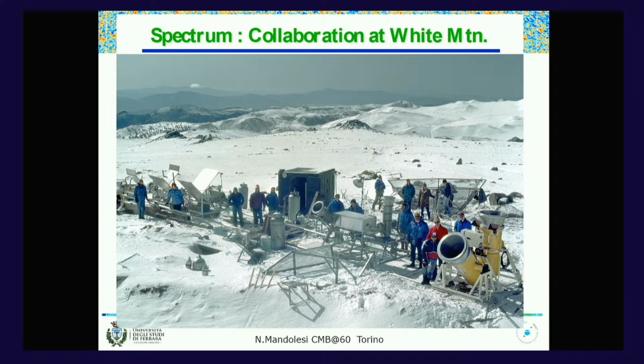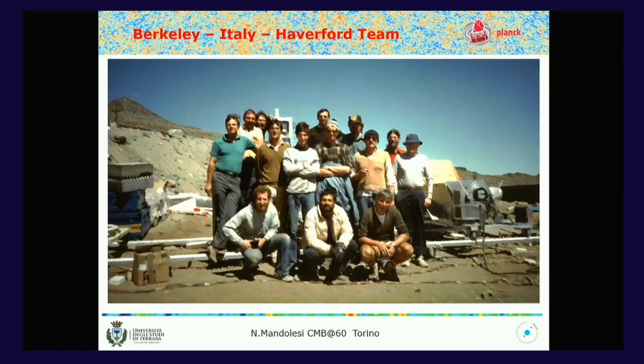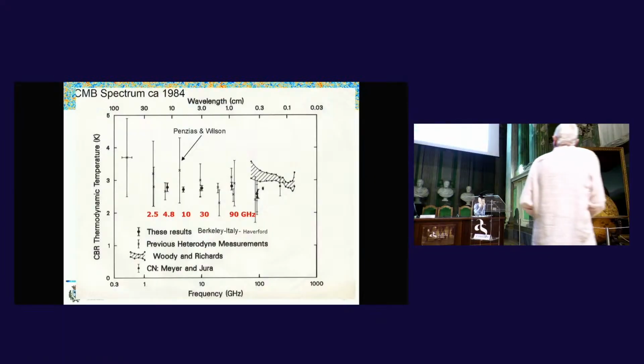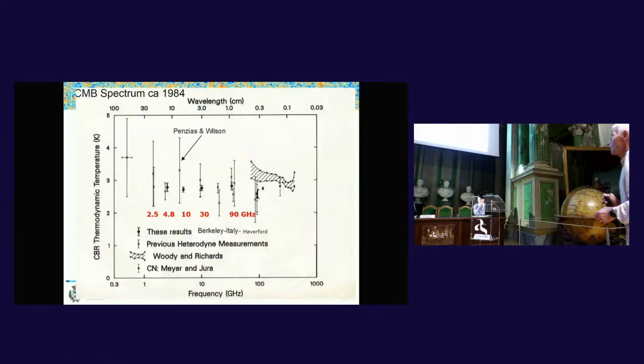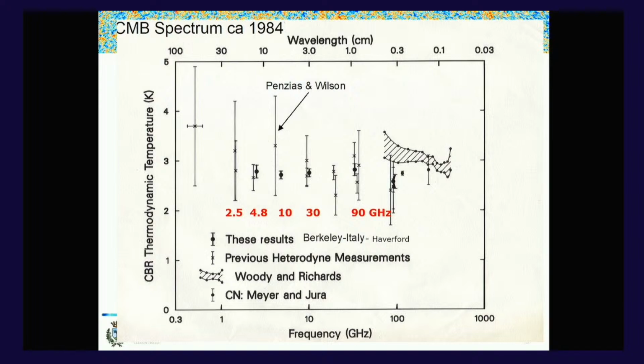We measured from 2.5 to 90 gigahertz this CMB temperature. And this is July, 4,000 meters above sea level. And this is part of the crew. And I know that Marco Bersanelli later on continued the measurements. He was too young at that time. Okay? The best measurements before COVID virus are there.